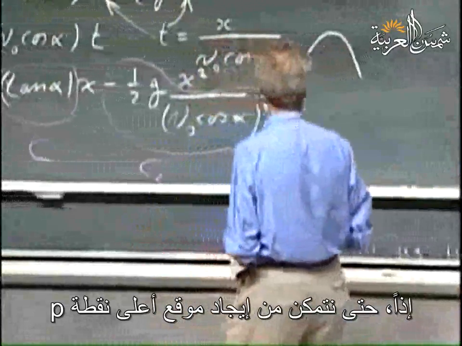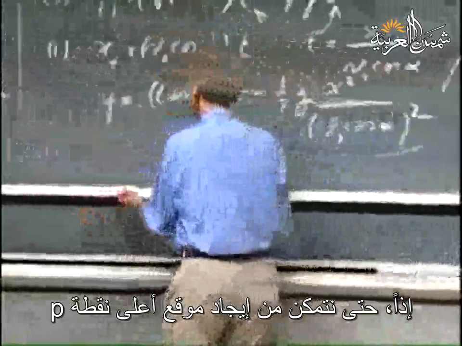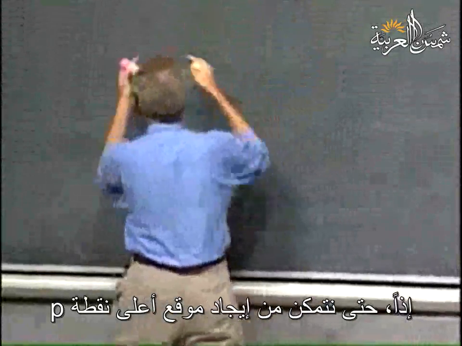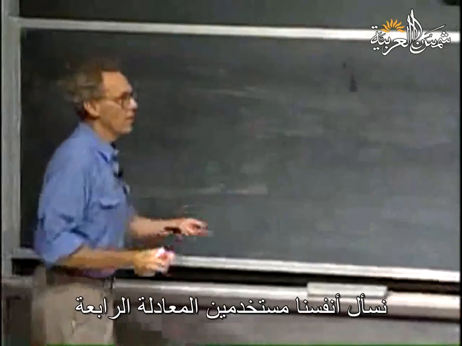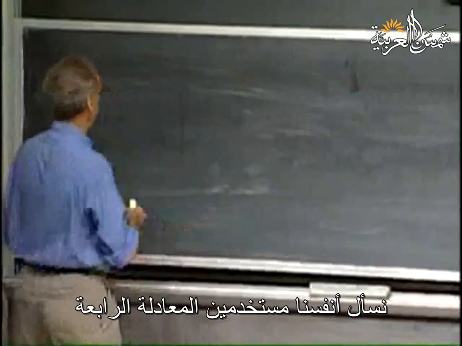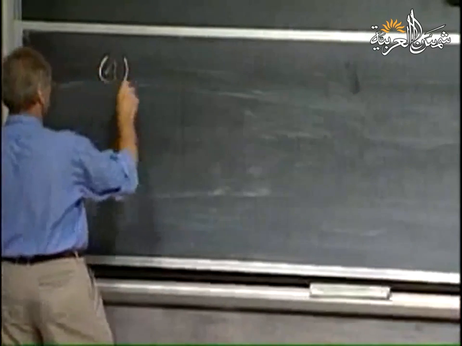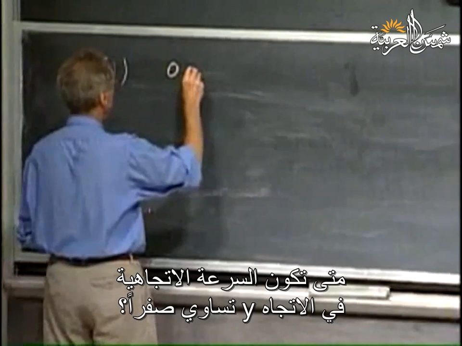So in order to find the position of the highest point P, we first ask ourselves the question from equation number 4, when is the velocity in the y direction 0?